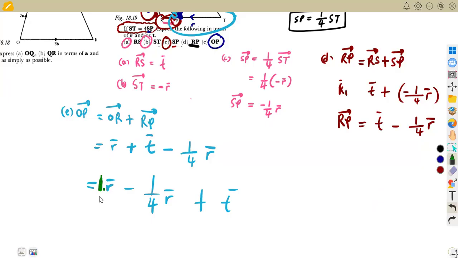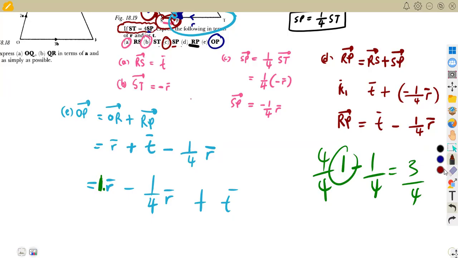There's a 1 there. So we are subtracting 1 minus 1/4. This is what you're supposed to have. 1 minus 1/4. So this gives us what? 3/4. Remember, 1 is same as what? 4/4. So that is going to give us 3/4. So you're going to obtain 3/4 of what? Of vector R.